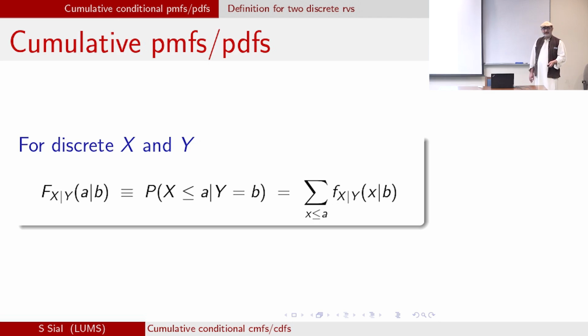So you get it by summing the conditional mass function. What do you think would happen if you had continuous x and y? This would be replaced by an integral from minus infinity to a. All right.